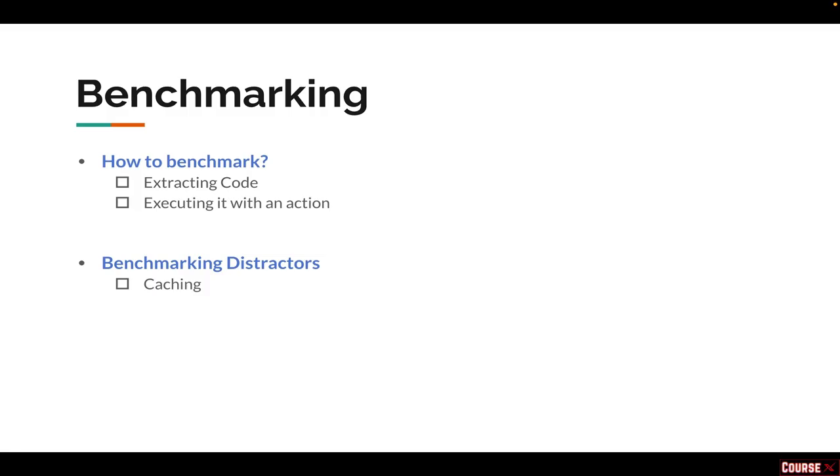The second distractor is schema inference. As you may know, Spark gives us the option to infer the schema of a file, right? In that case, Spark goes to the file's storage location and reads a certain amount of data to understand the schema of the file. What are the column names? What are the different data types? It tries to infer all this information by reading a sample portion of the file.